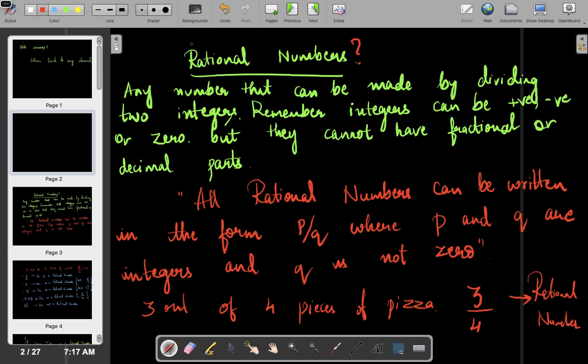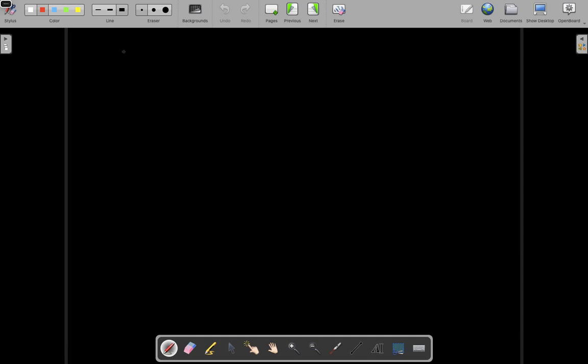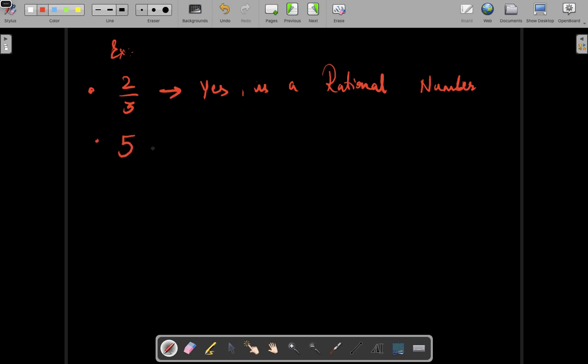Okay, let's see a few more examples. Two over 3, yes, is a rational number. It is in the form of P over Q. 5, yes, is a rational number.